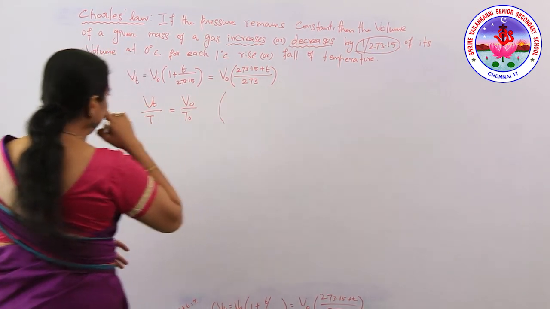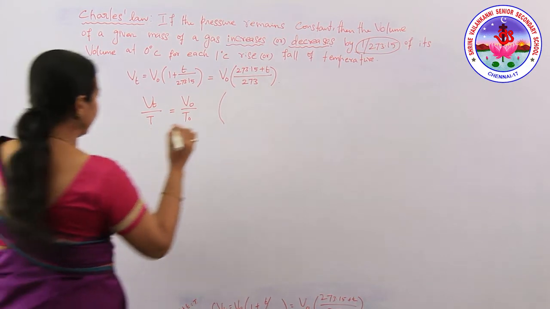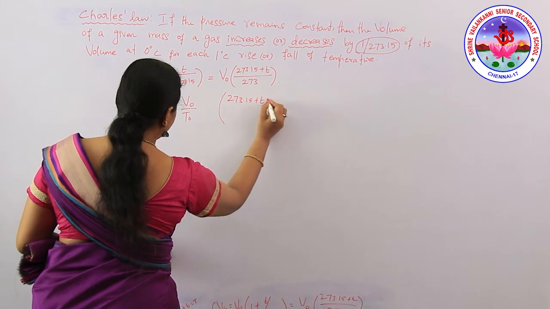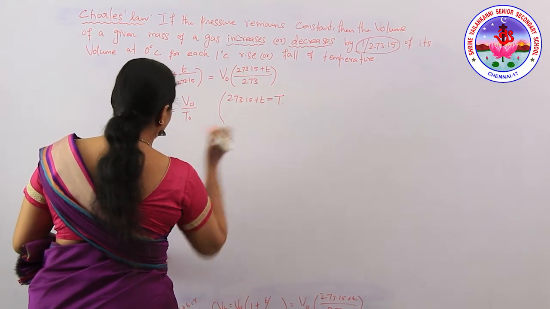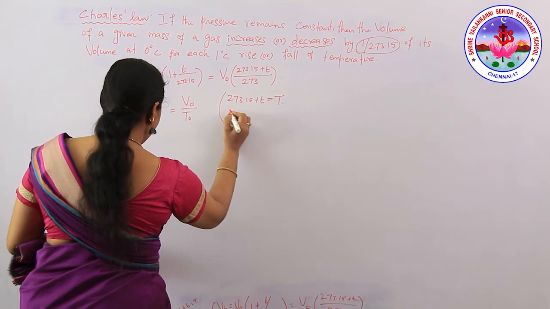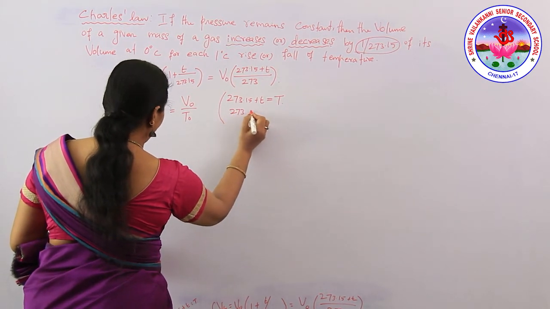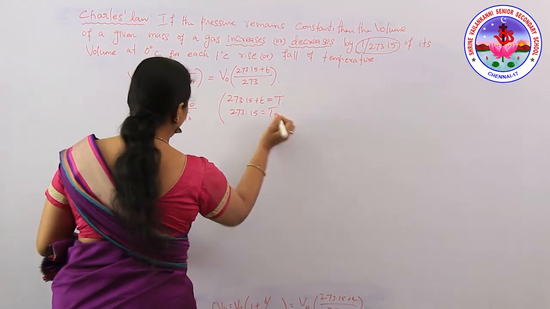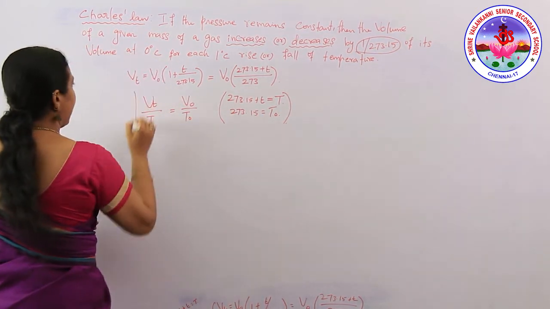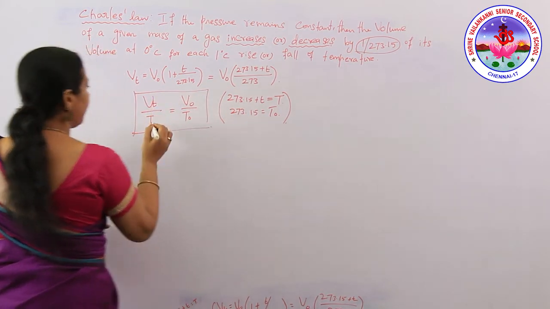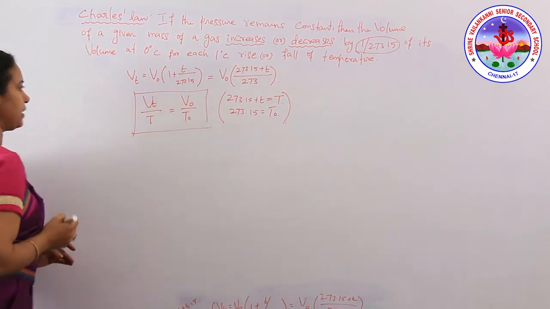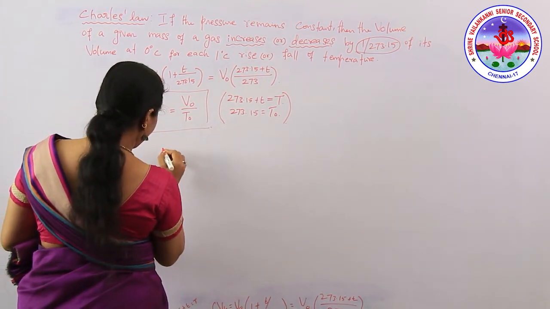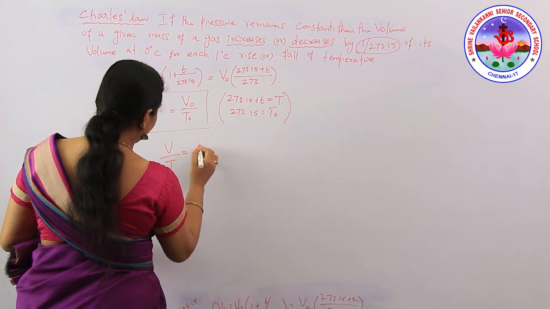This comes from 273.15 plus t, which is the temperature capital T, and 273.15, which we take as T naught. In this way we have related Vt by T equal to V naught by T naught. From this relation we can write V by T is equal to constant.